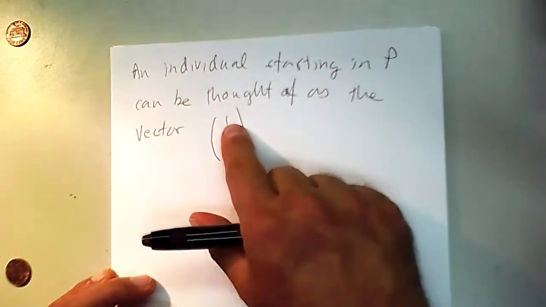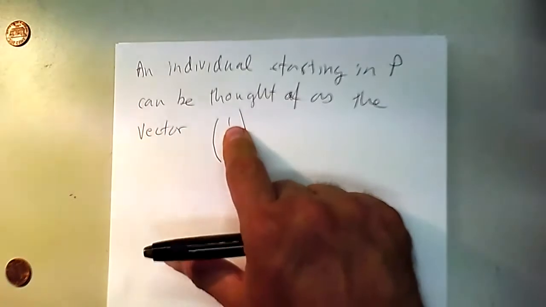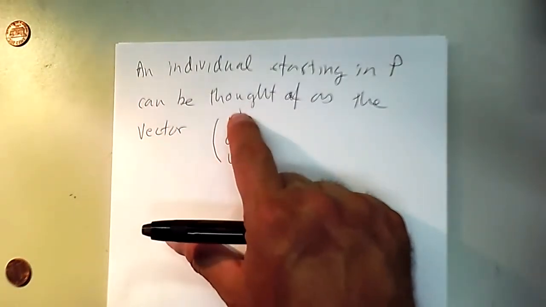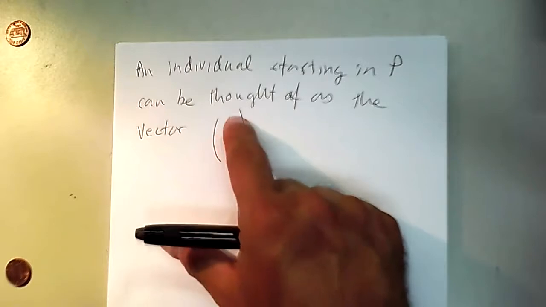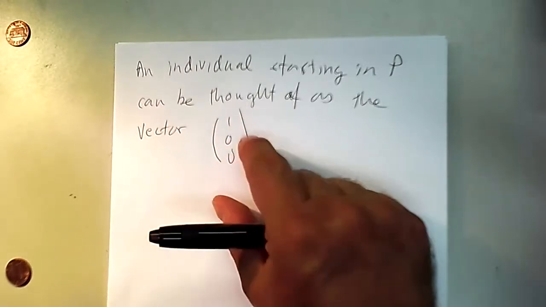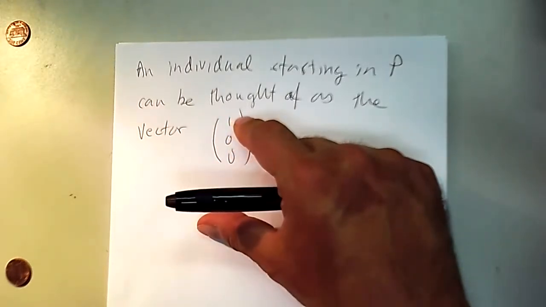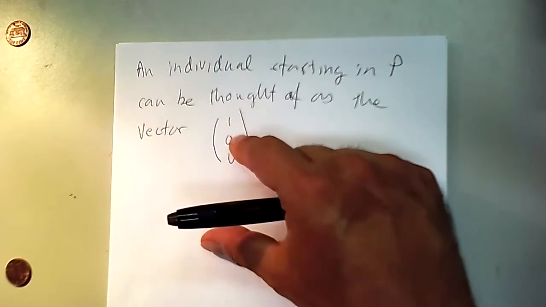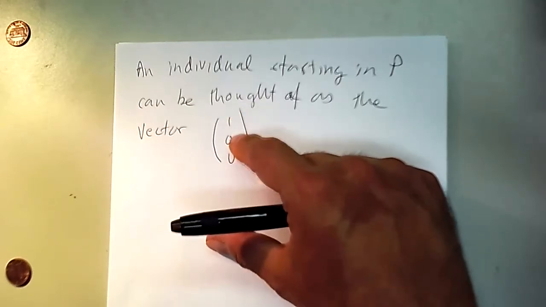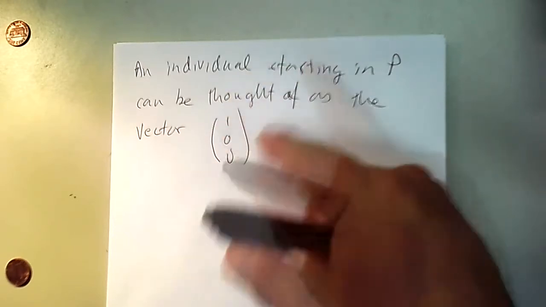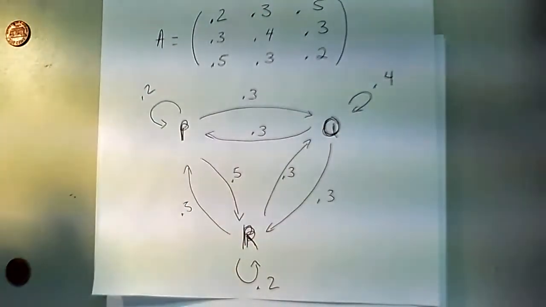So that means pretend you are just thinking of one individual or 100% of a population starting at P and see where that population goes. But you can ask the same question as if, let's say, 50 or one individual starts here and one individual starts in Q, where do they end up after a number of cycles of this migration that is occurring?